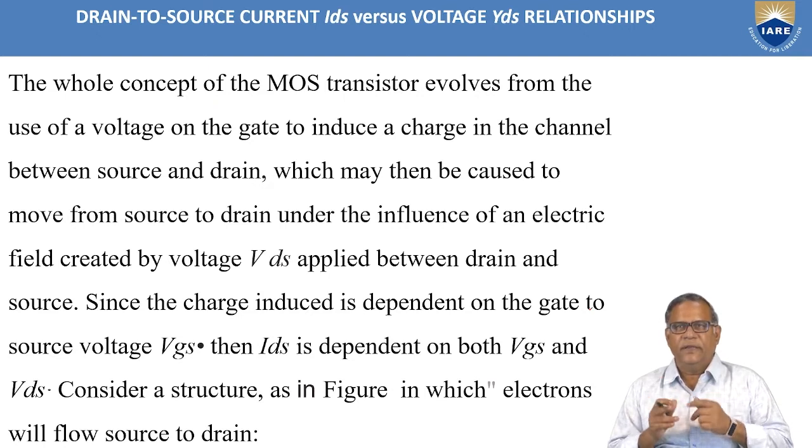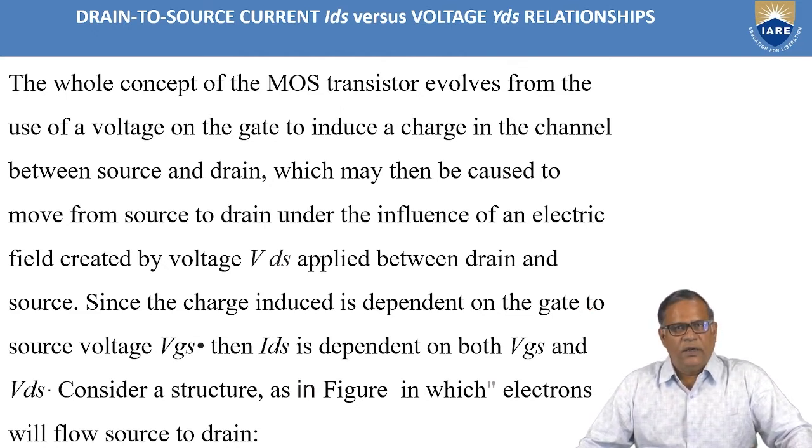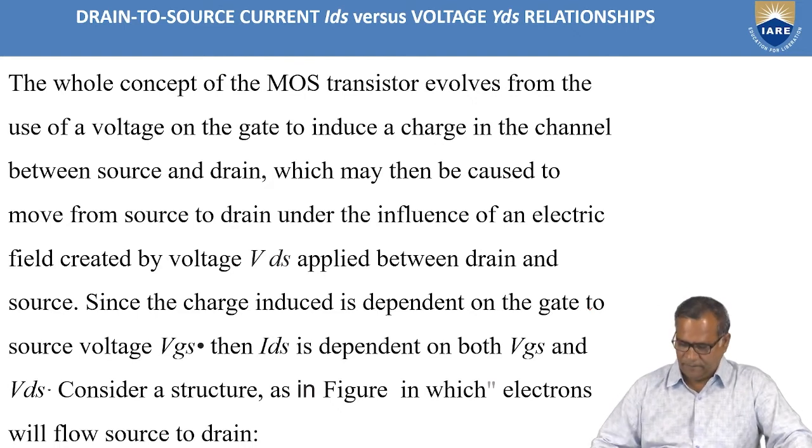So if VDS is applied between drain and source, then this induced charge moves from source to the drain. Whenever there is a movement of charge, it is nothing but a current. So this current between drain and source not only depends upon the gate to source voltage, but also depends upon the electric field between drain and source.